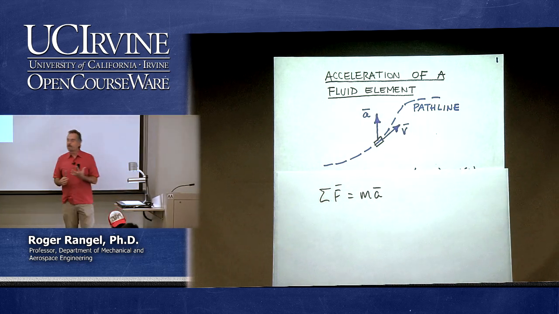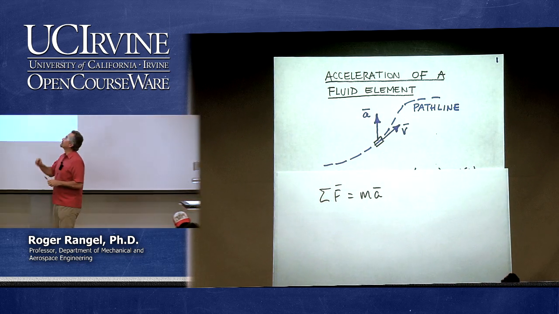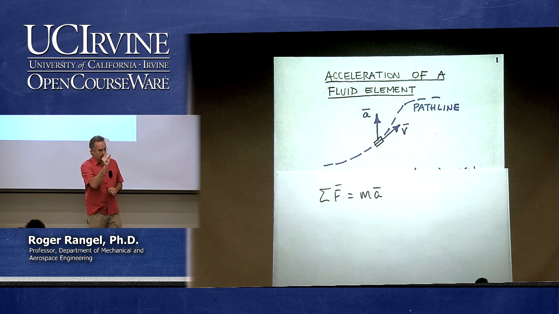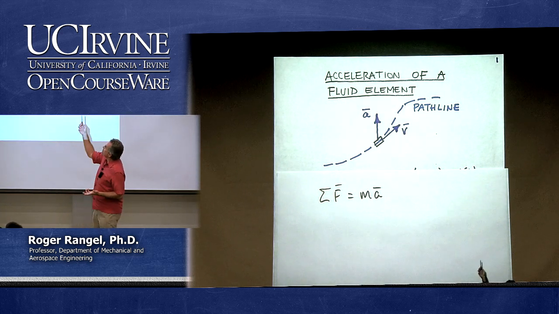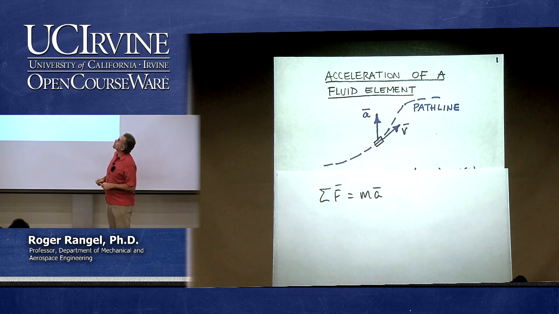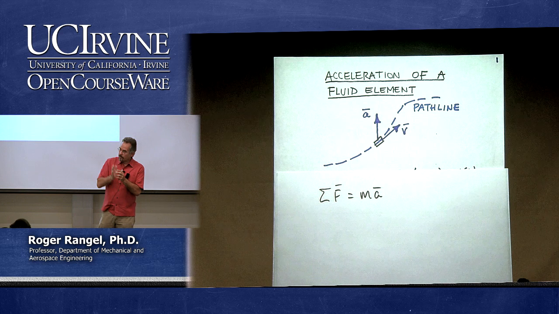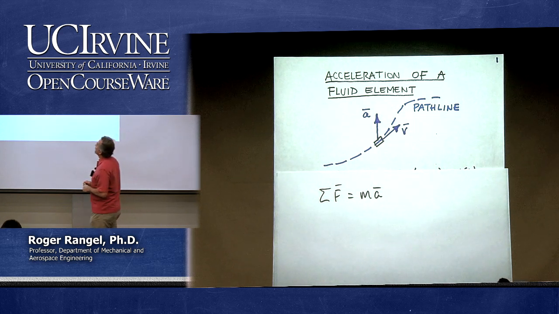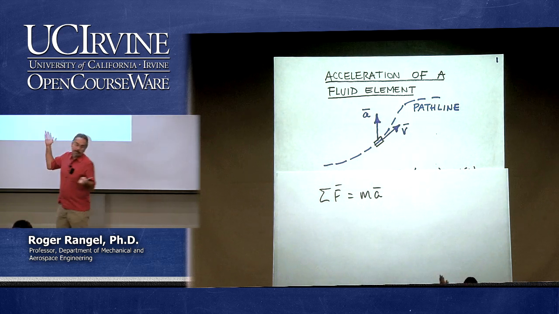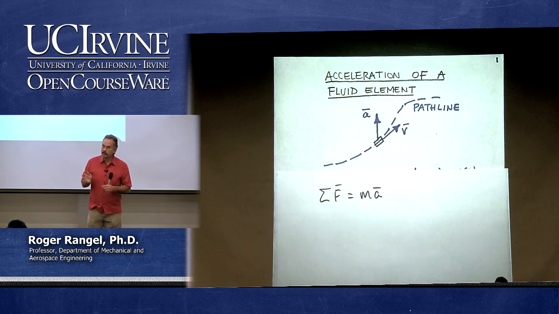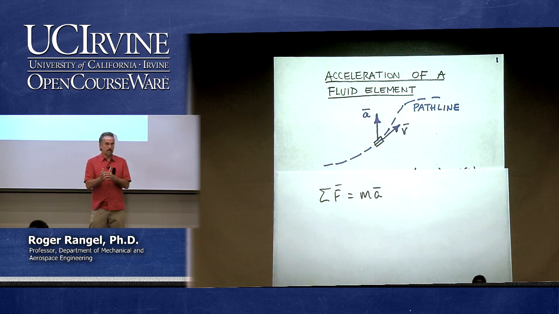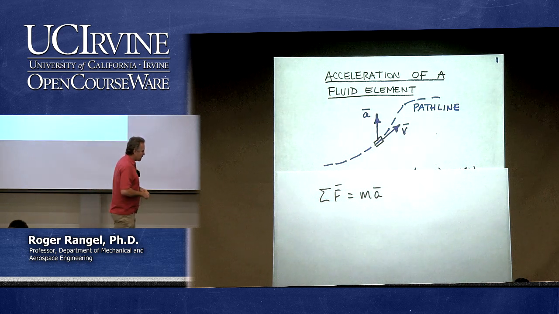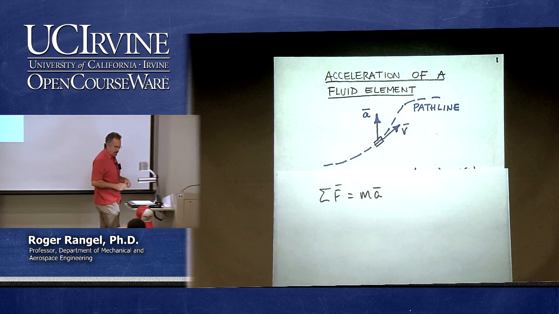This is a Lagrangian view of the fluid. I'm just looking at one particle of fluid and following it as it goes about. This particle has a velocity, which of course has to be tangent to its path. And it'll have an acceleration, because that particle is certainly not going at constant velocity. Its path may be bending, the speed may be increasing. So it has both a velocity and acceleration.